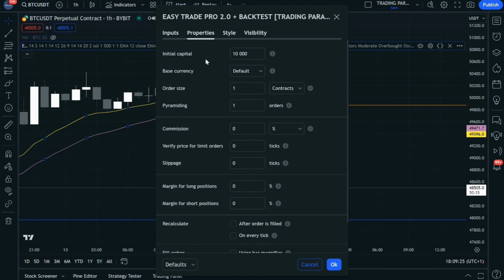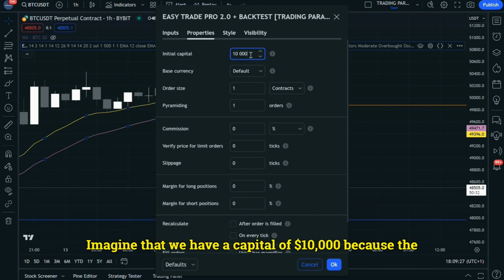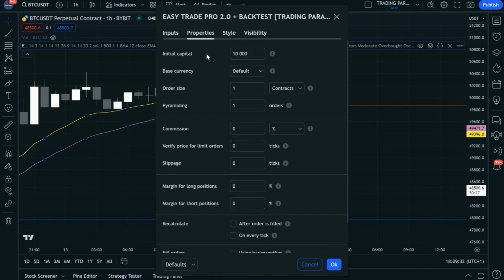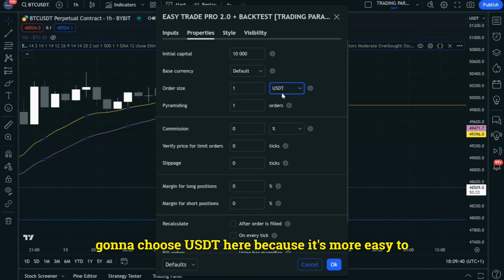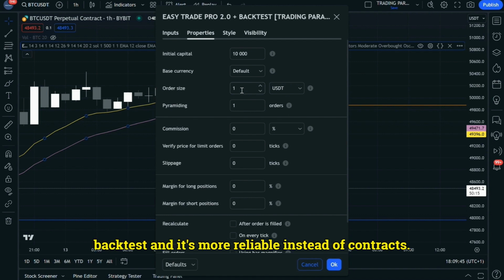We imagine that we have a capital of $10,000, because the default currency is dollar, also because we are on the Bitcoin USDT chart. We're going to choose USDT here because it's easier to backtest and more reliable than contracts.